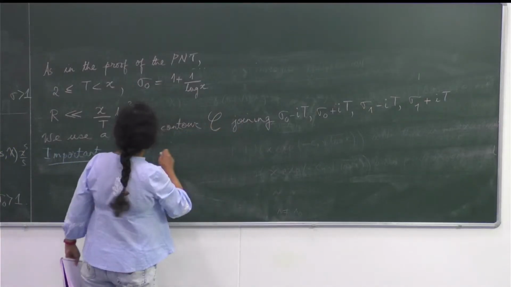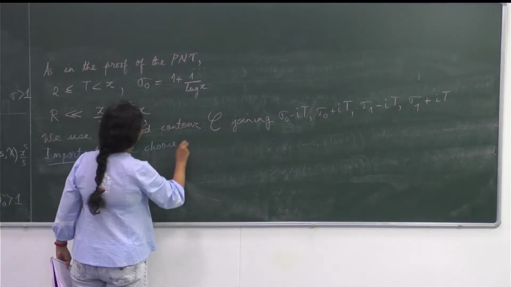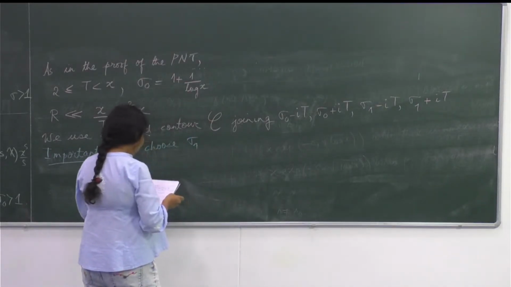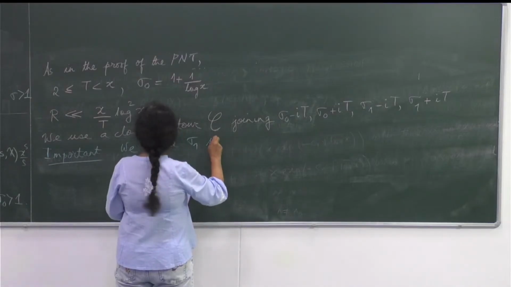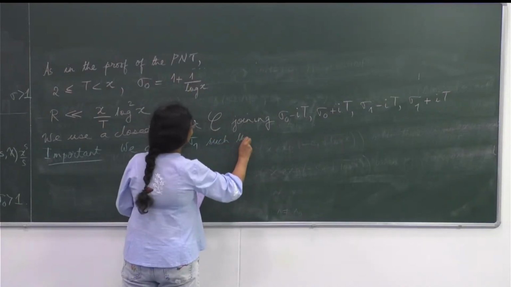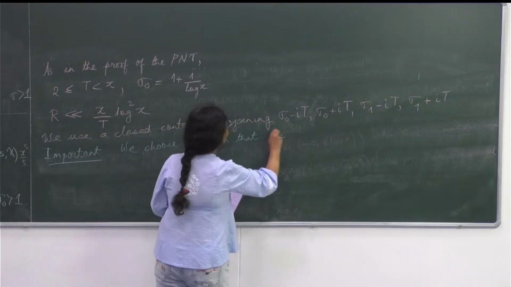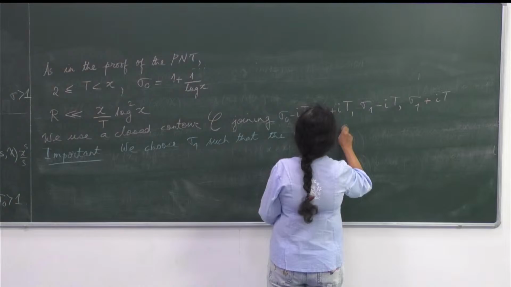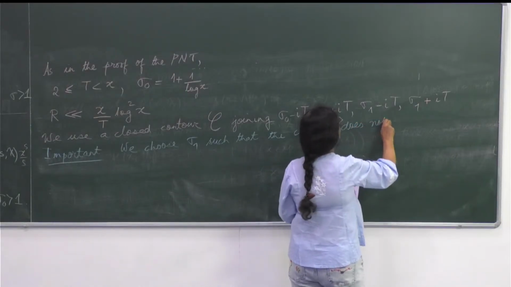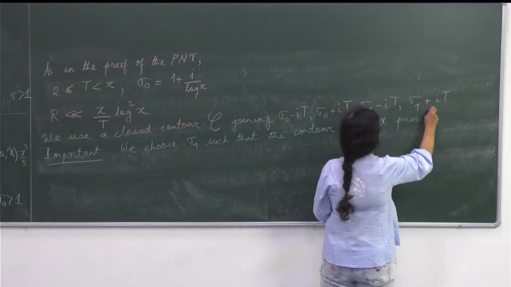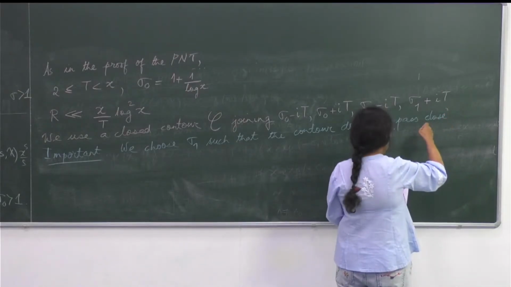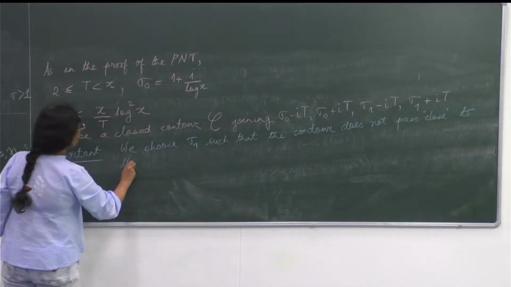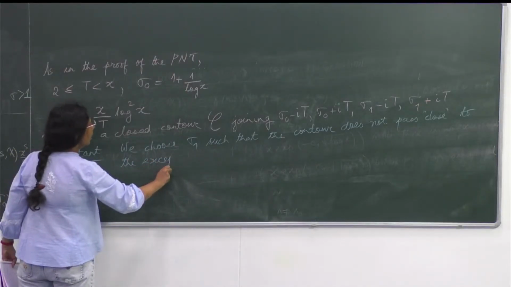We choose sigma 1, and what should sigma 1 do? Sigma 1 should be such that the contour does not pass close to the exceptional 0.